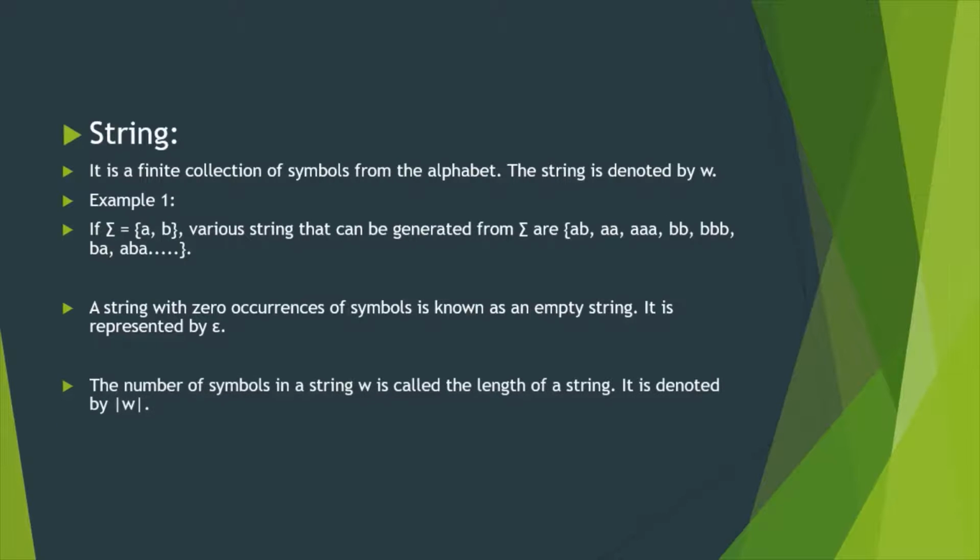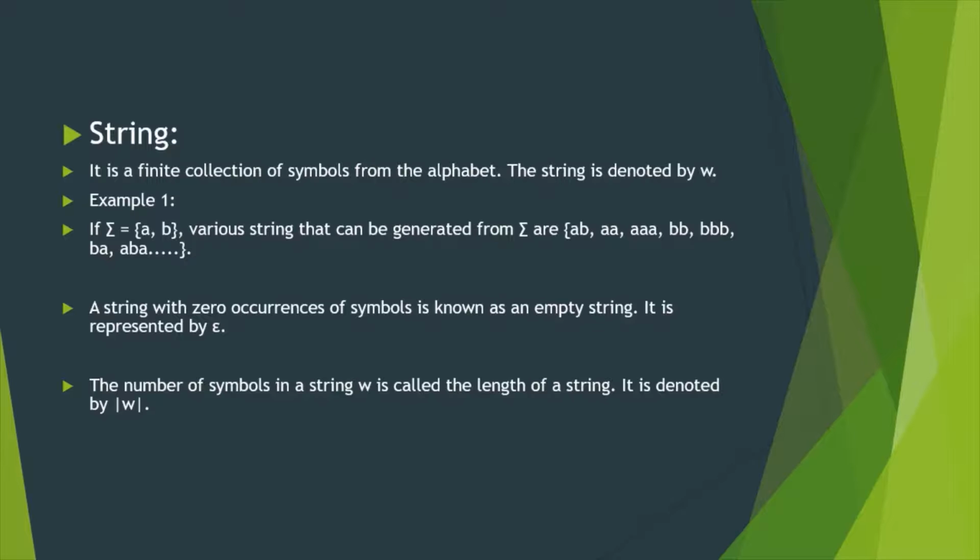Now we will see what the length of a string is. The length of the string is represented by this symbol, that is small w in vertical lines. The number of symbols in a string w is called the length of the string.